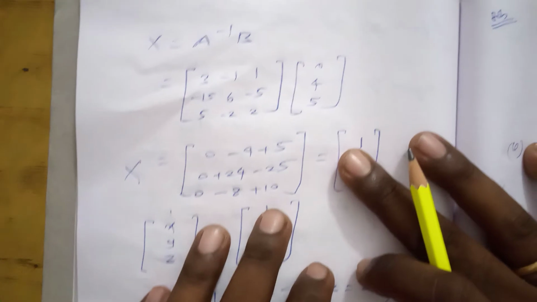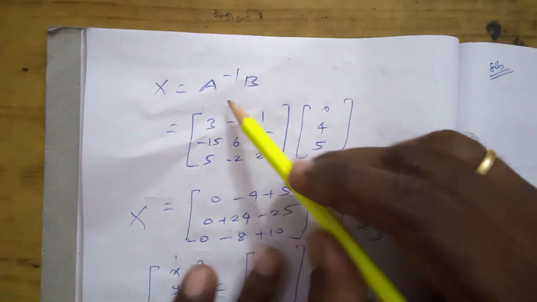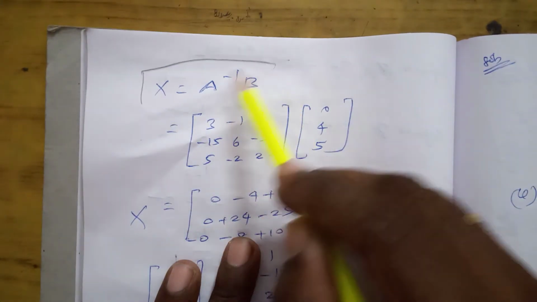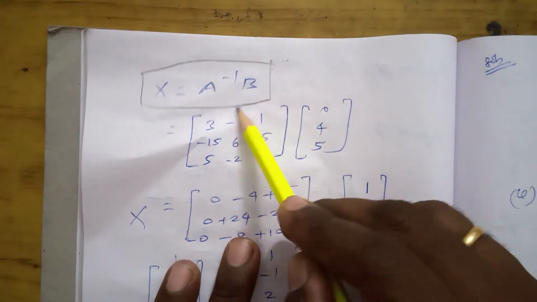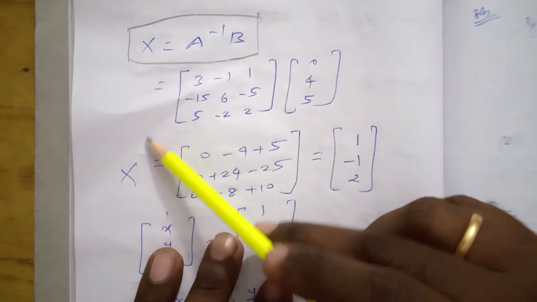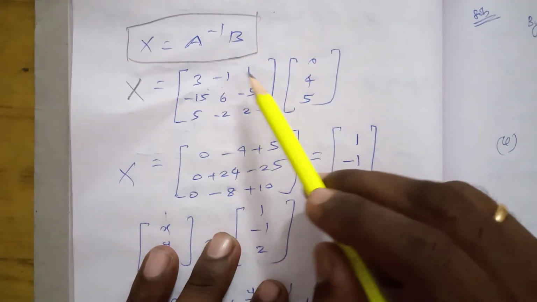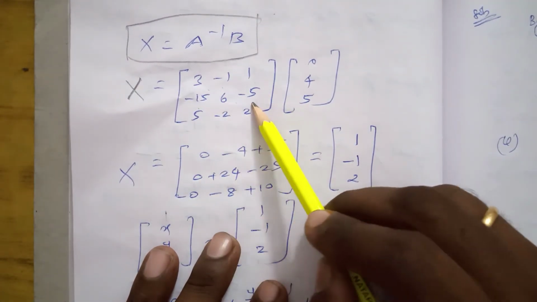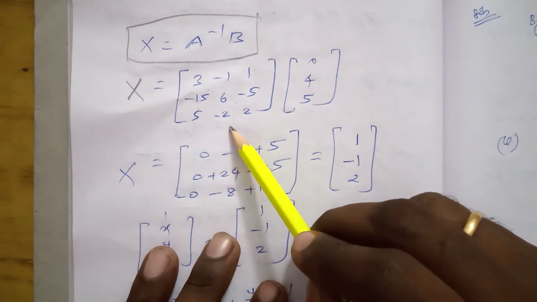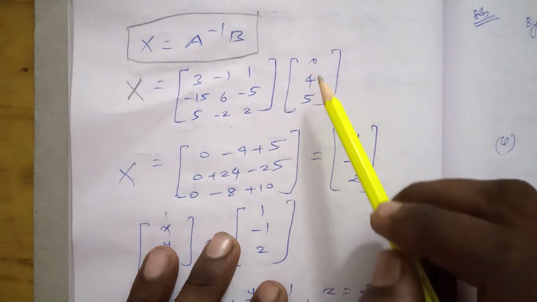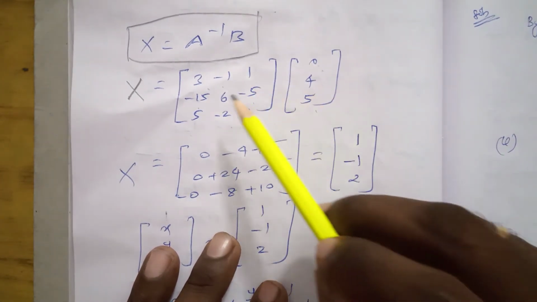Finally, we apply the matrix inversion formula, X equal to A inverse B. So capital X equal to A inverse value, 3 minus 1 1, minus 15 6 minus 5, 5 minus 2 2, into B value 0 4 5.